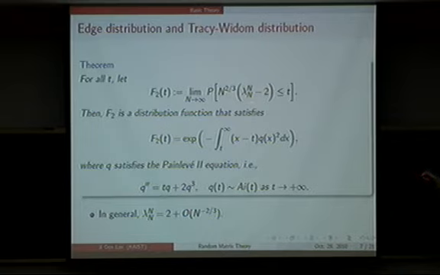And if you consider this is less than t, then the distribution function satisfies F_2, which is like this, and this q(x) is the solution of the Painlevé II equation. I don't want to explain all the details of this Painlevé equation, but Painlevé was a very interesting person. He was a French mathematician at the beginning of the 20th century, and in World War I, he became a prime minister of France.